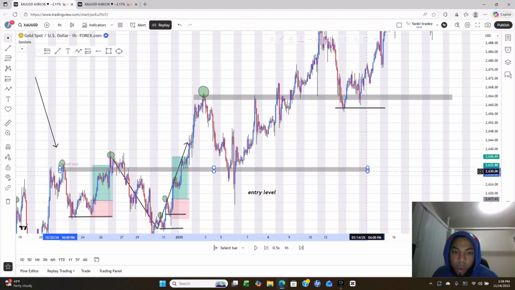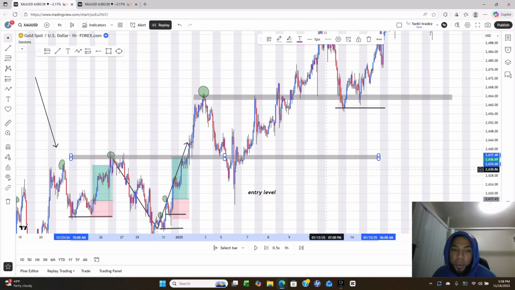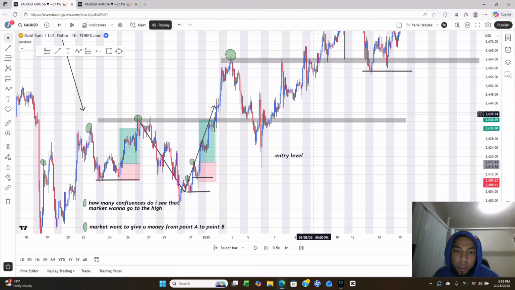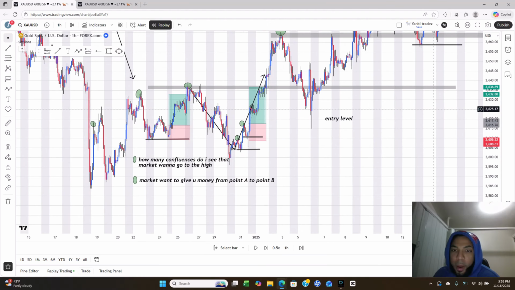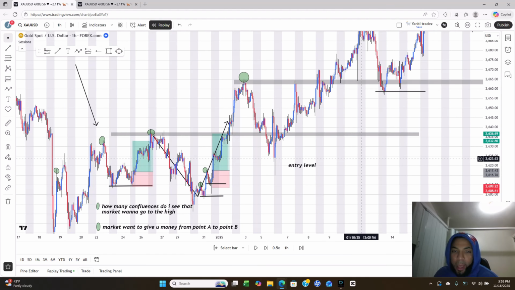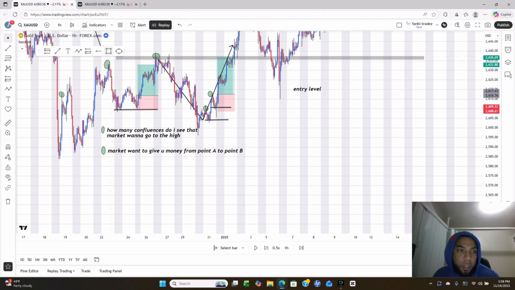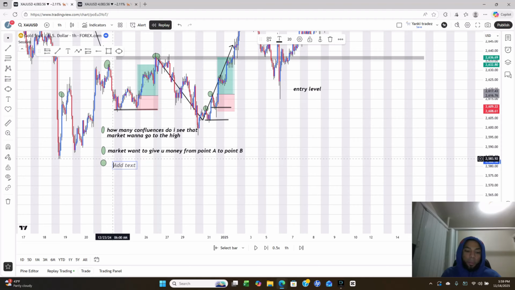Some people don't like gold, but that's my favorite pair. Gold, Nasdaq, and S&P, for now. This is really important in trading: you just gotta stick to no more than three pairs.